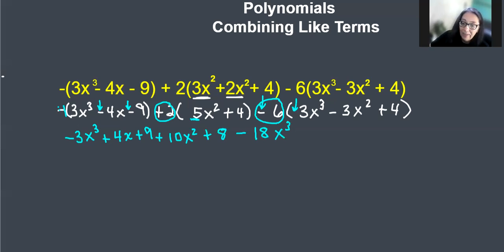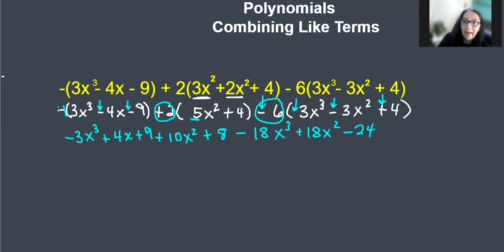A negative times a negative is a positive. 6 times 3 is 18, and I'm going to carry that x squared along. And then a negative times a positive is a negative, and 6 times 4 is 24. So now we've done all of our multiplication. We distributed a negative through, then we distributed a positive 2 all the way through, and then a negative 6.